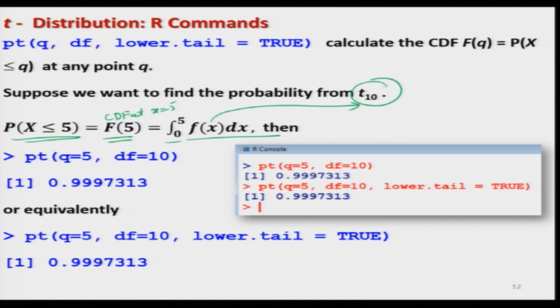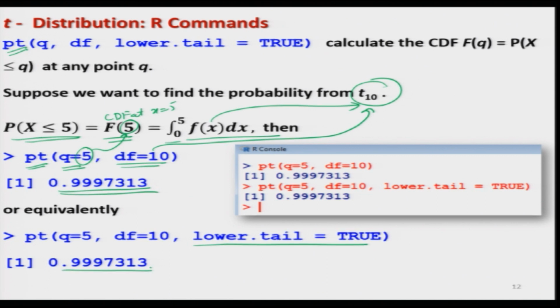To compute the CDF, the command is pt, with q equal to 5 and degrees of freedom equal to 10, which come from the specification of the distribution. This value comes out to be 0.9997313, and if you use the option lower.tail equal to TRUE, which is the default, it gives the same value.